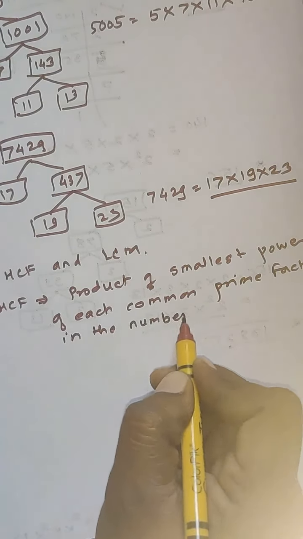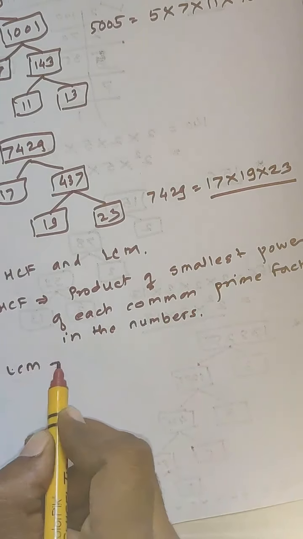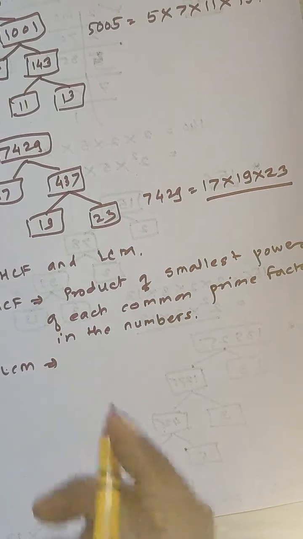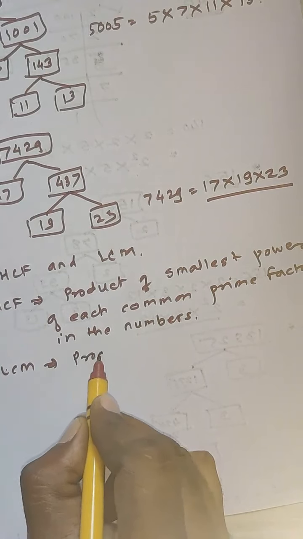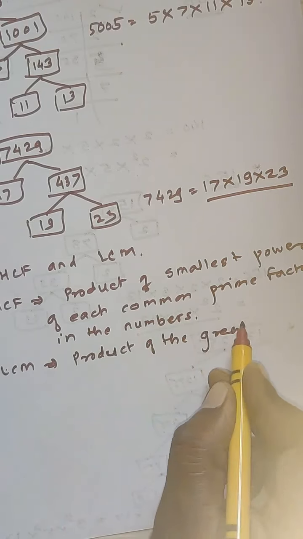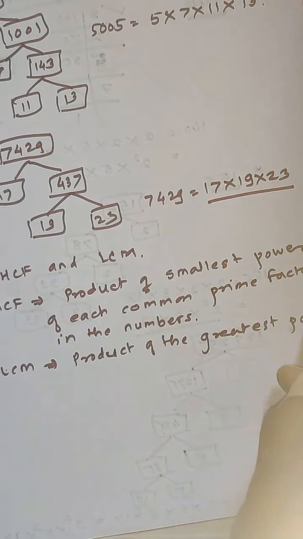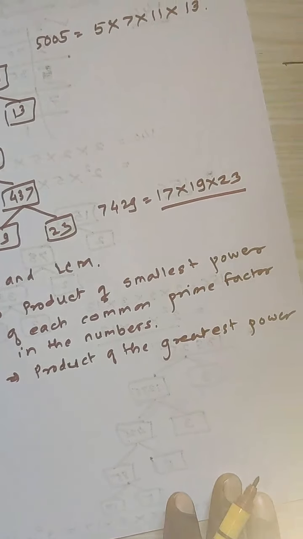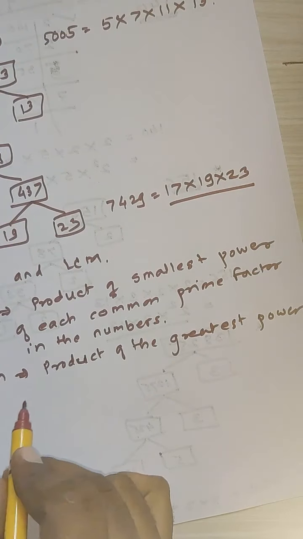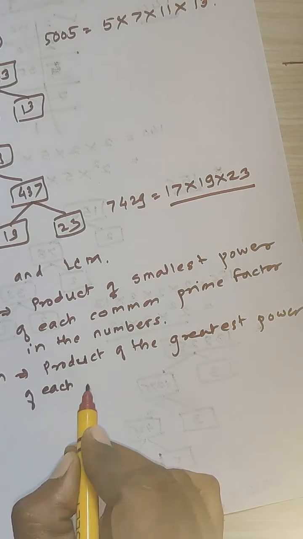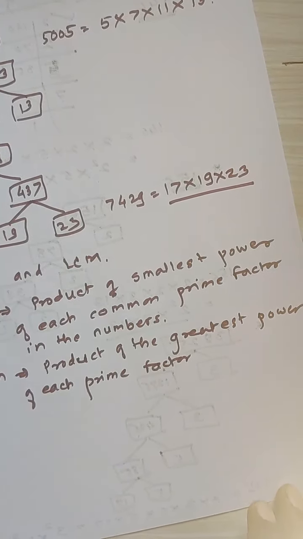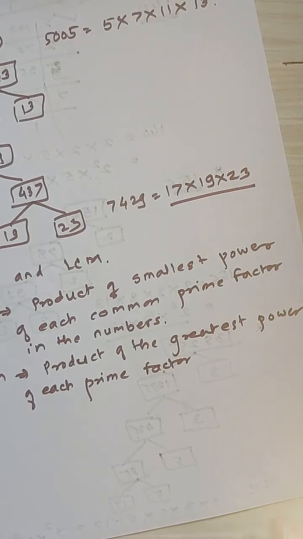and LCM is the product of the greatest power of each prime factor in the numbers.